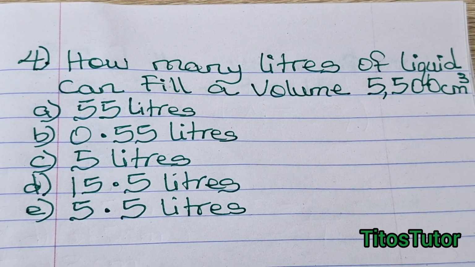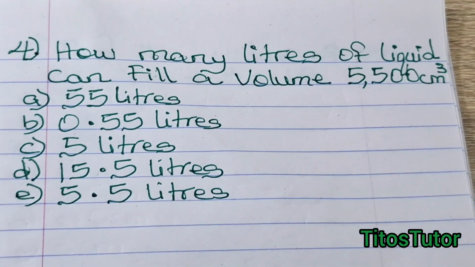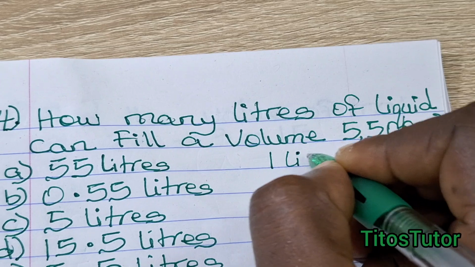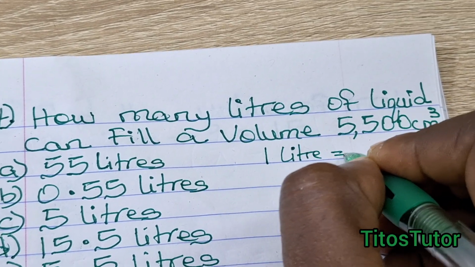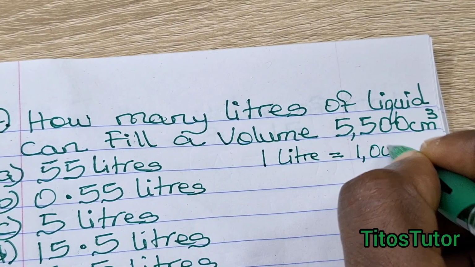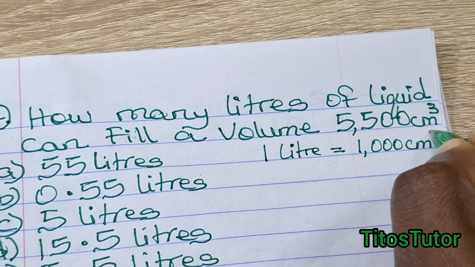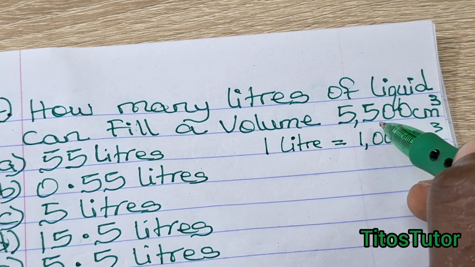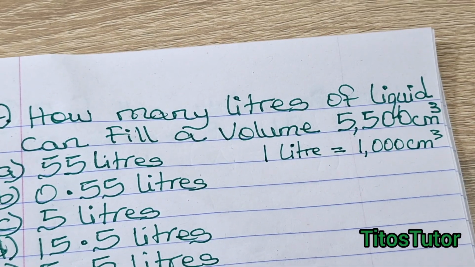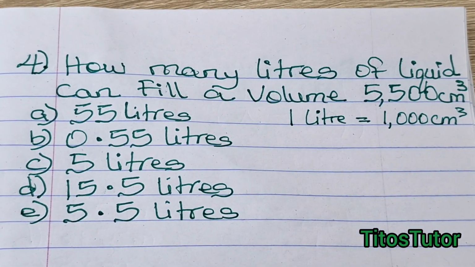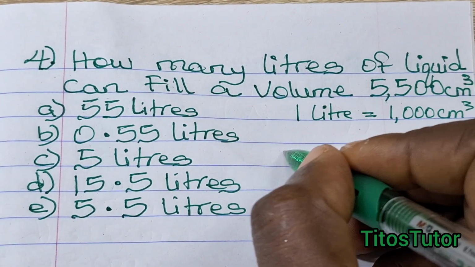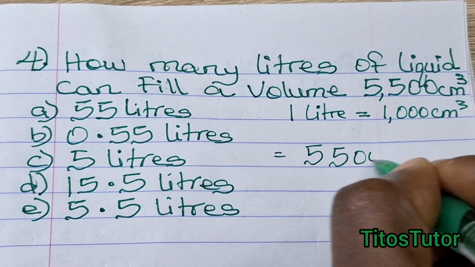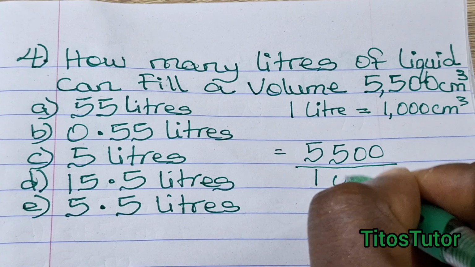And the relationship between capacity and liquid is 1 liter is equal to 1,000 cm cube. So to find the amount of liters in 5,500, all you need to do is divide that by 1,000. So you say 5,500 divided by 1,000.